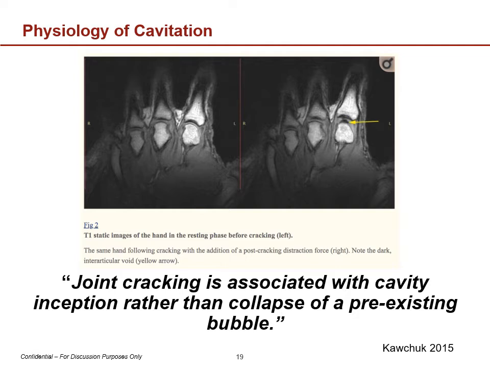However, in 2015, a new paradigm emerged: the sound was actually coming from the bubble inception, or the cavity inception. This was tested in the hand. However, we'll get into some later research to see if there is that carryover into the spine itself.